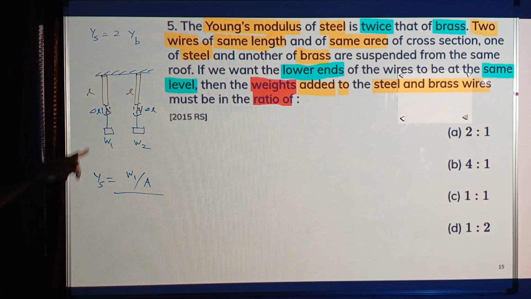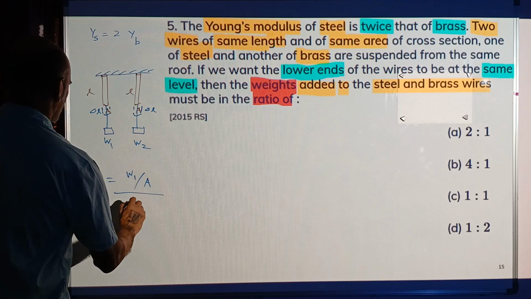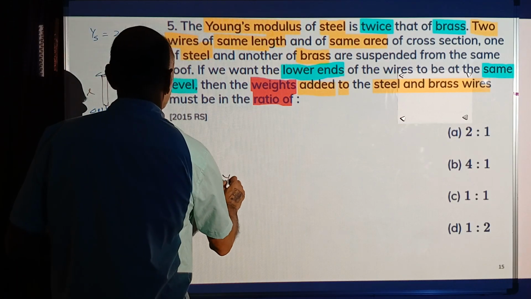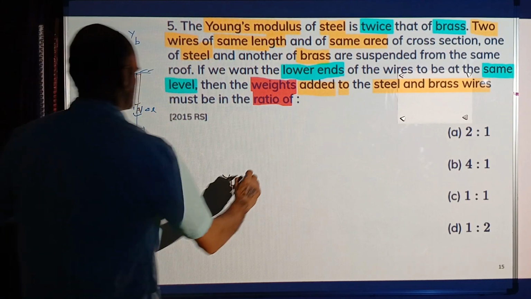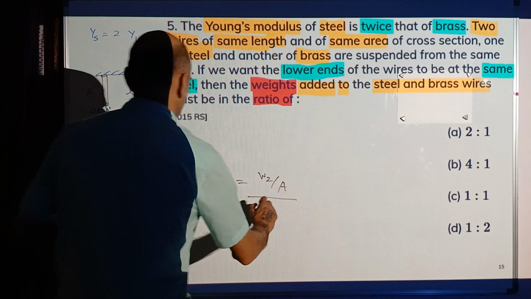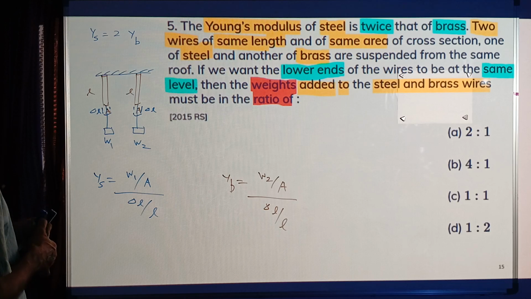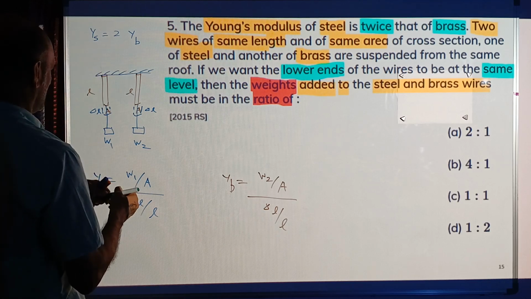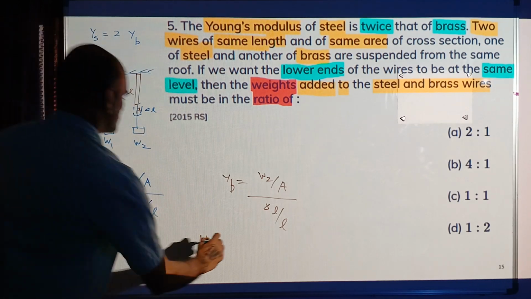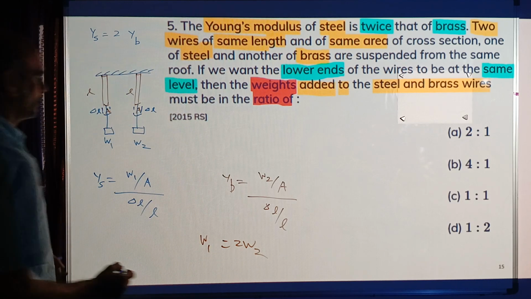Force is the weight of the attached mass by area, that is the stress, and strain is delta L by L. And Young's modulus of brass is stress W2 by area, area is same, and the strain delta L by L. So putting these two things in this one, that will give W1, E will cancel, delta L by L will cancel. In this one, that will be 2 W2.